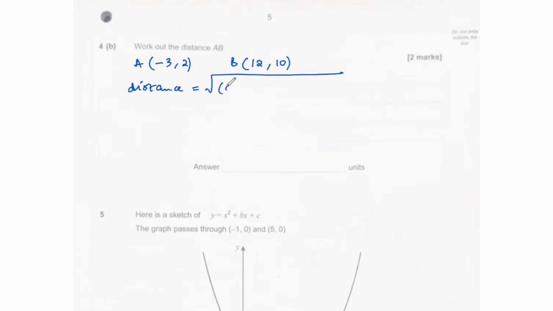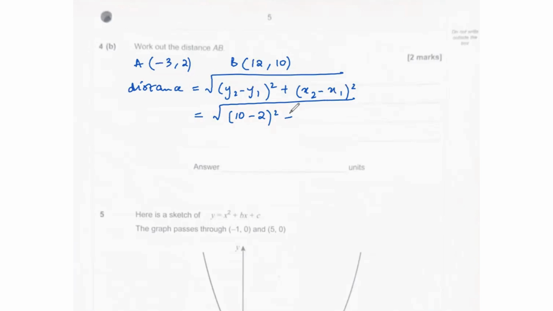That's the root of y2 minus y1 whole squared plus x2 minus x1 whole squared. 10 minus 2 squared plus 12 minus -3 squared. 10 minus 2 is 8. 8 squared is 64. 12 minus -3 is 15. 15 squared is going to be 225. 64 plus 225 is 289, and that gives us 17. So 17 is the distance of AB.